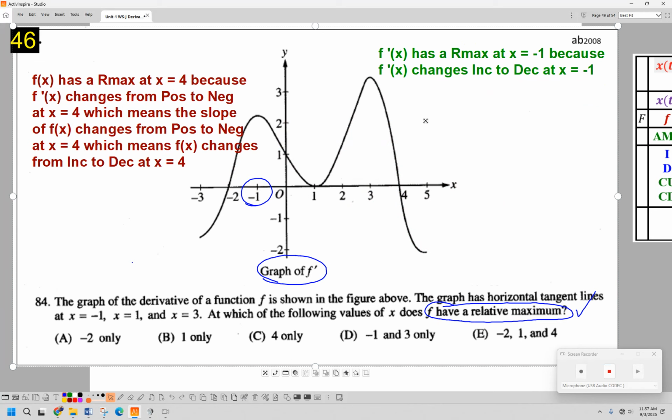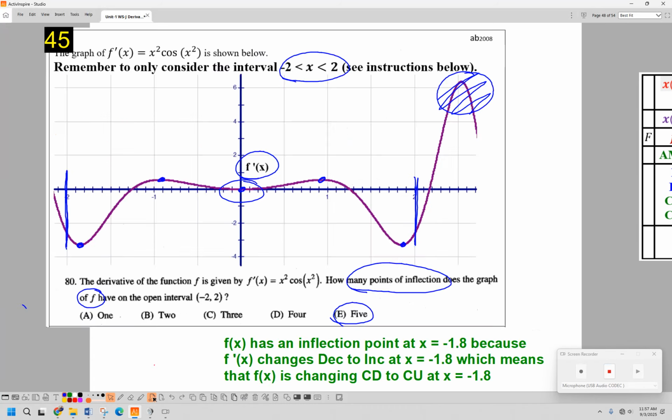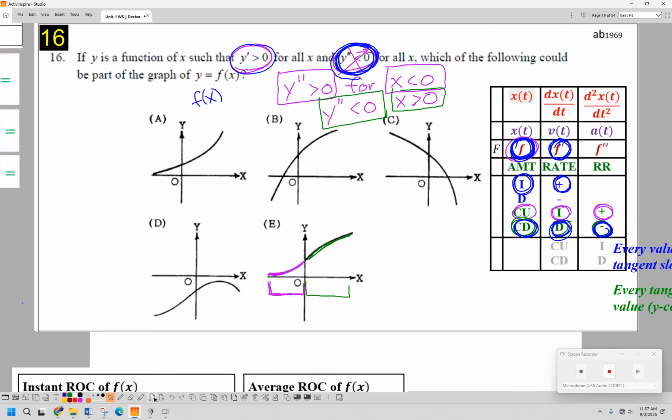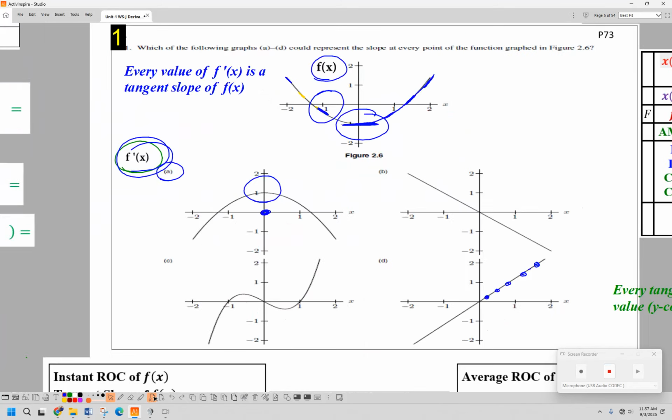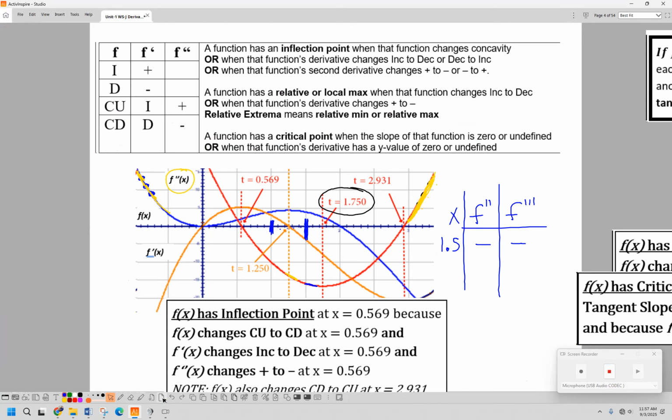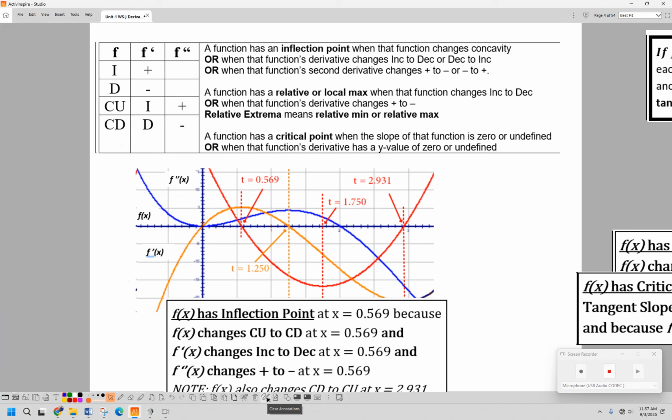Let's go back to the reference sheet. I think that is the best place to hopefully point out where you were tripping up just a little bit. So what we are doing on problem 46 is we are looking at f prime, but we're trying to figure out where the unseen graph of f has a relative max.